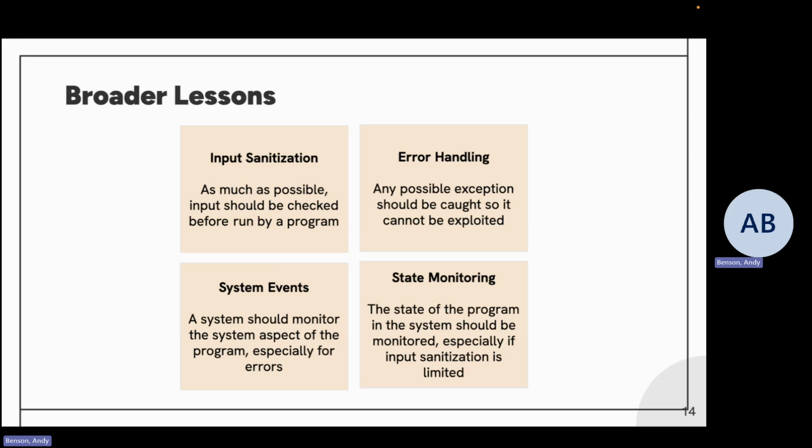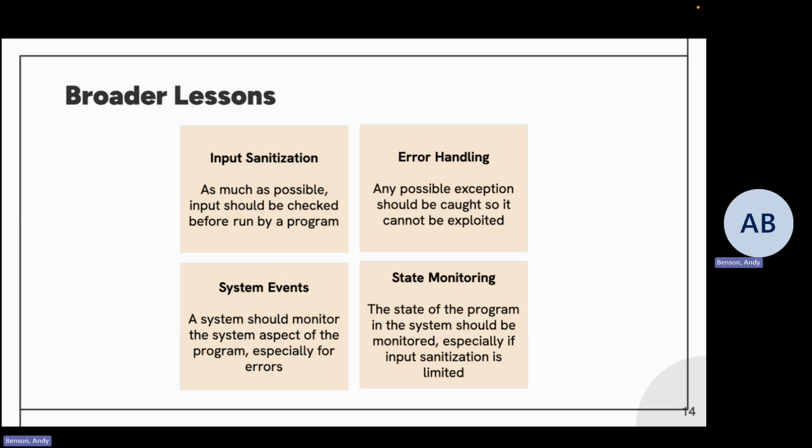As a further extension to this, the next thing you want to build on is error handling. When a program is running, especially if it's exposed as a library or something you can give input to, you want to capture all possible exceptions to make sure you can handle any undefined state.